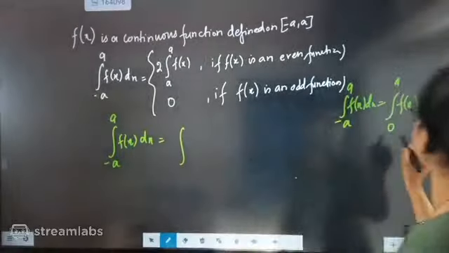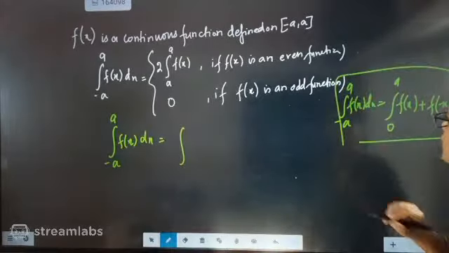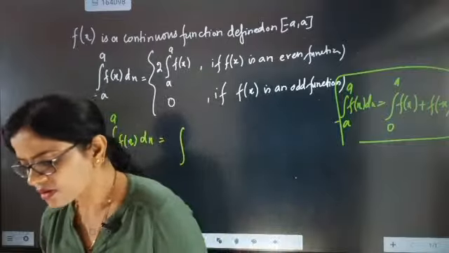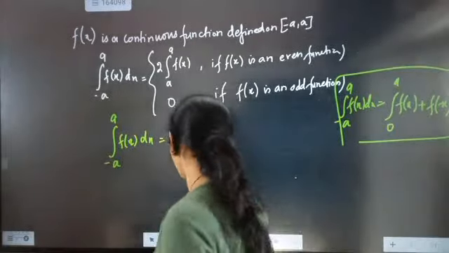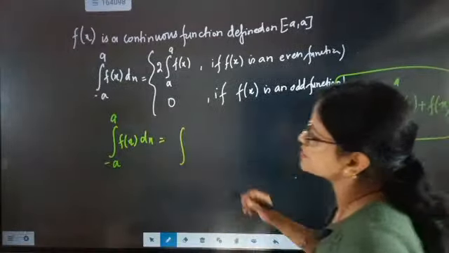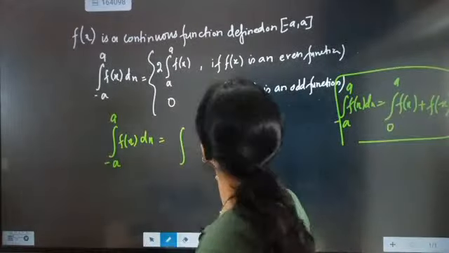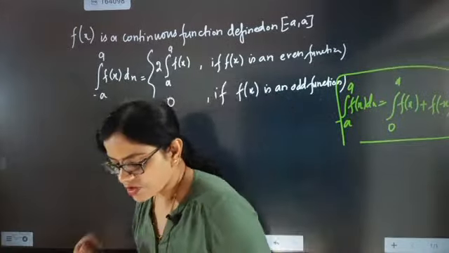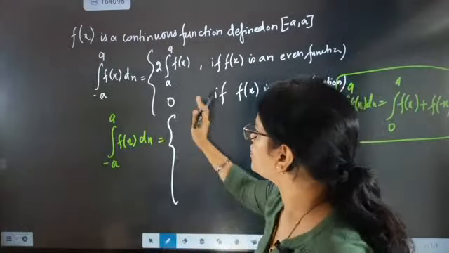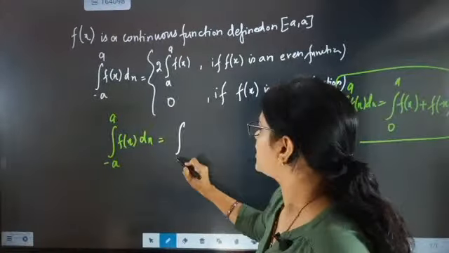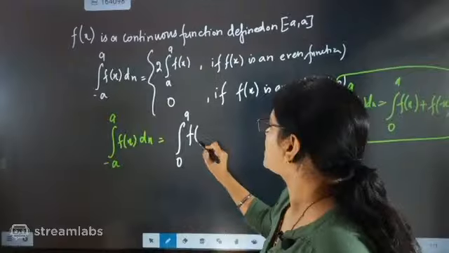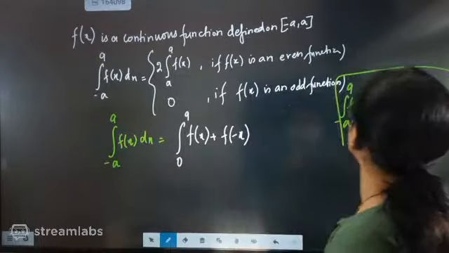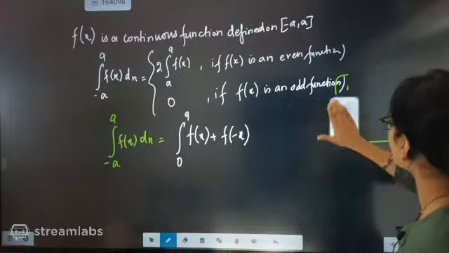This was the property we were doing. So now what we are going to do here is, first we are going to use that property. It will become 0 to a f of x plus f of minus x.